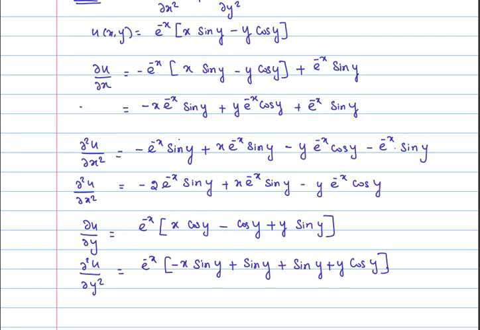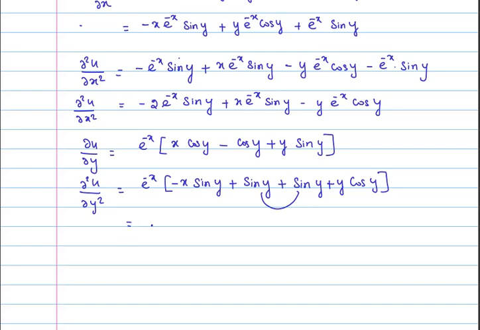We add these together and get the final answer: exponential of minus x times x sin y plus 2 times exponential of minus x sin y plus exponential of minus x y times cos y. Okay, this is d square u by dy square.